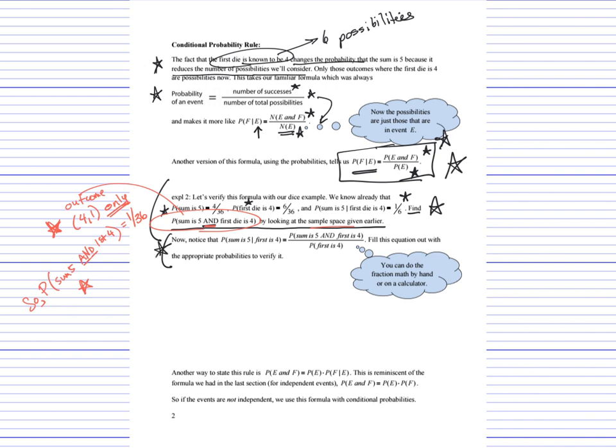Now notice that the probability that the sum is 5, given that the first is a 4, is equal to... Really all I'm doing is using that formula. It says, fill out that equation with the appropriate probabilities to verify it. We can do our fraction math on a calculator if we need to.